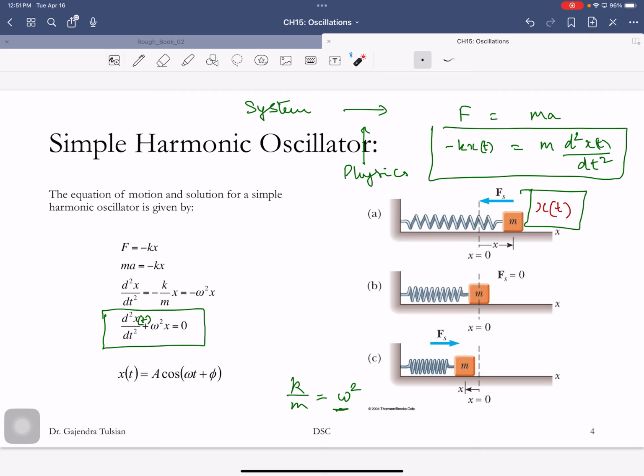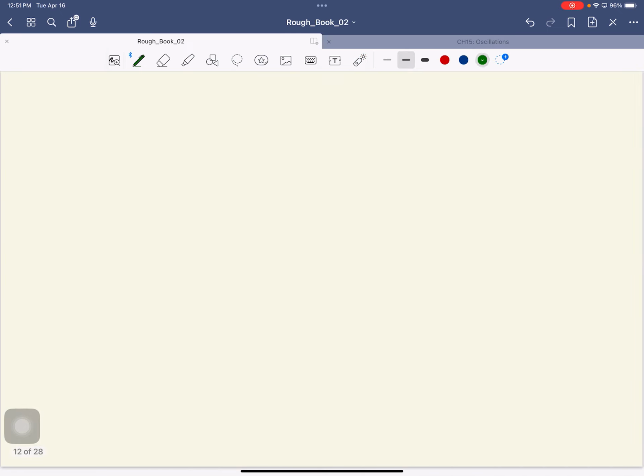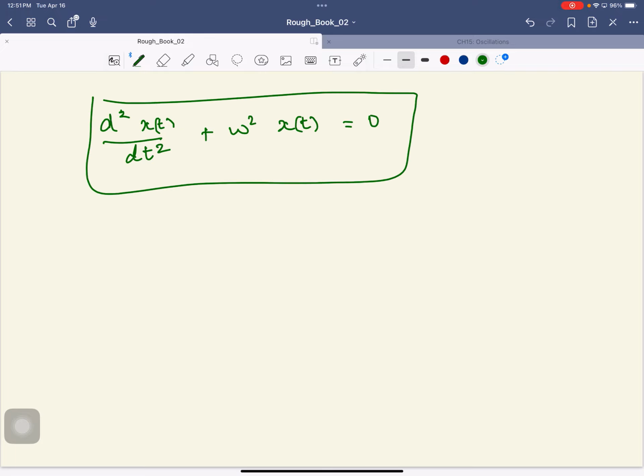What we are saying is, x of t, the position of the mass attached to the spring, satisfies this differential equation, and x of t is equal to A cosine of omega t plus phi. You know what omega is? Omega squared is k over m.